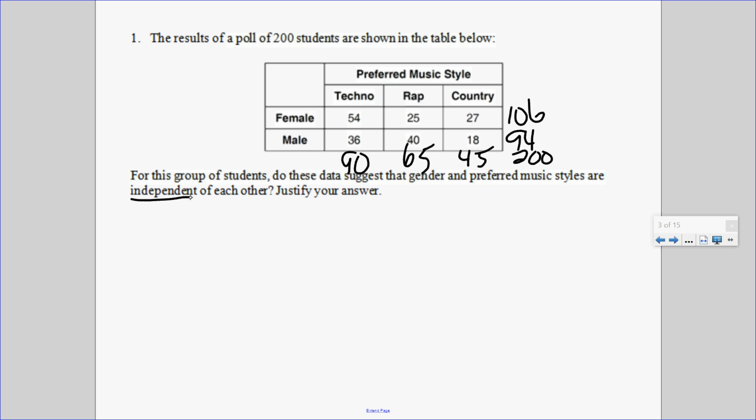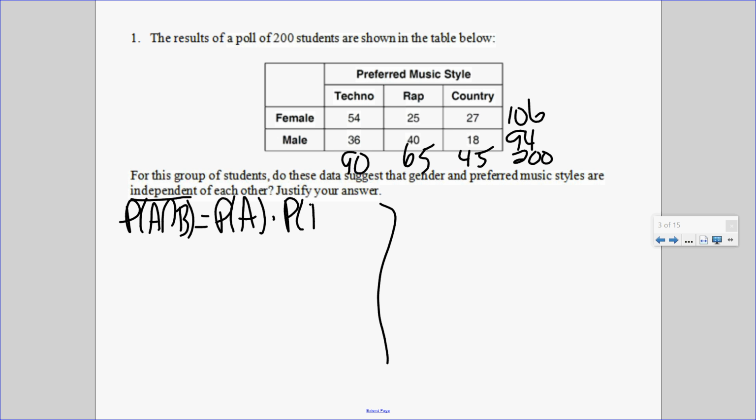To determine if events are independent, again, we have two different methods. I like using P of A and B equals P of A times P of B, and I'll show you why. So, first off, we need to know what A and B are. It doesn't exactly matter.